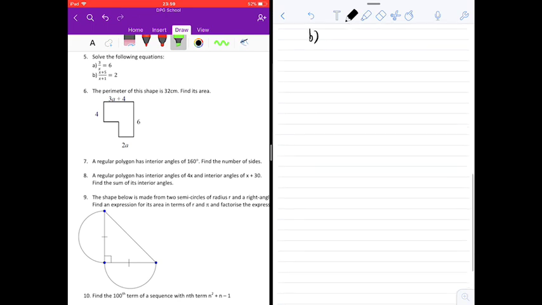For part B, exact same principle. I'm just going to have to be careful when I'm multiplying by x plus 1. And just to take that extra little bit of care, I'm actually just going to leave the brackets in as my first stage of working.